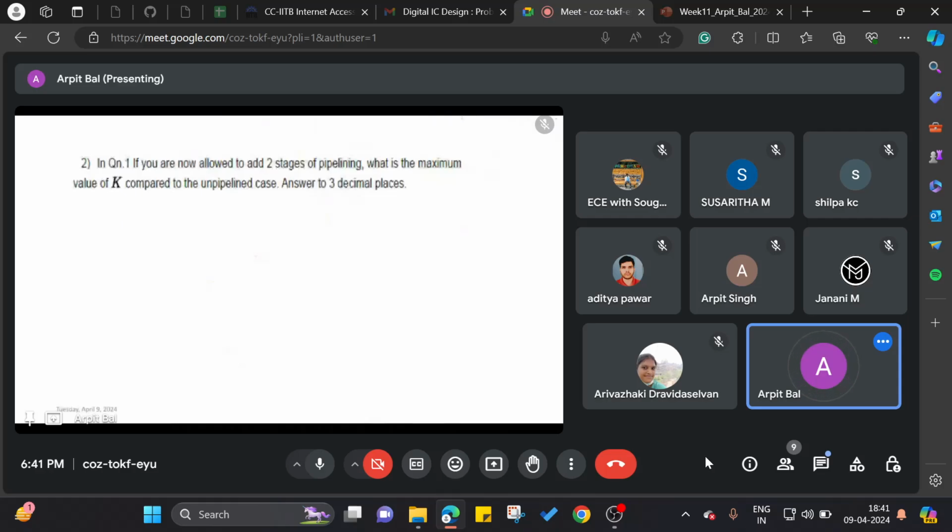So in this case also the K value is going to remain the same, 1.7083. Okay, is this part clear? Is there any doubt here?